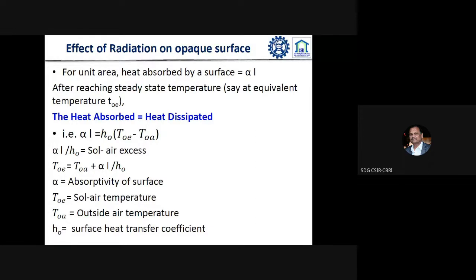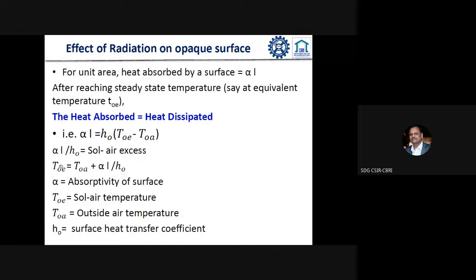But in order to find that, we need to understand that if the surface temperature reaches a steady state, then we call that temperature the equivalent temperature, and after that there is temperature dissipation. Whatever heat is absorbed gets dissipated. So alpha I is equal to H naught times the external equivalent temperature minus the outside air temperature.